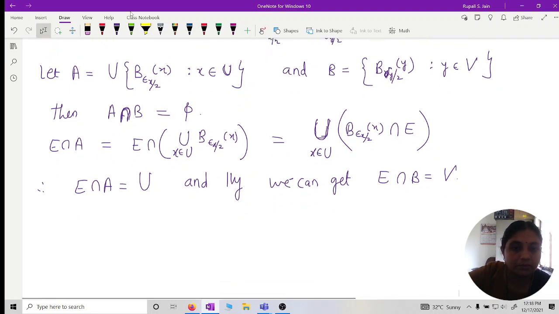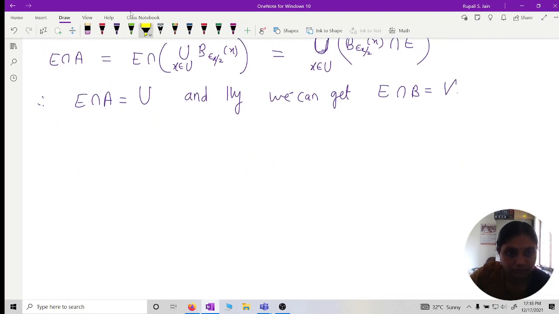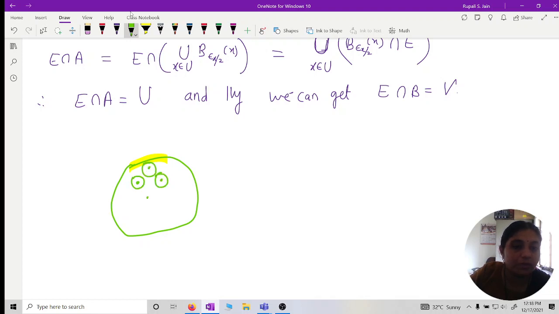Yes. Let me draw here. Suppose this is your U. For each x, I am having one open ball, which is totally contained in U. This is epsilon x, whatever may be the radius.